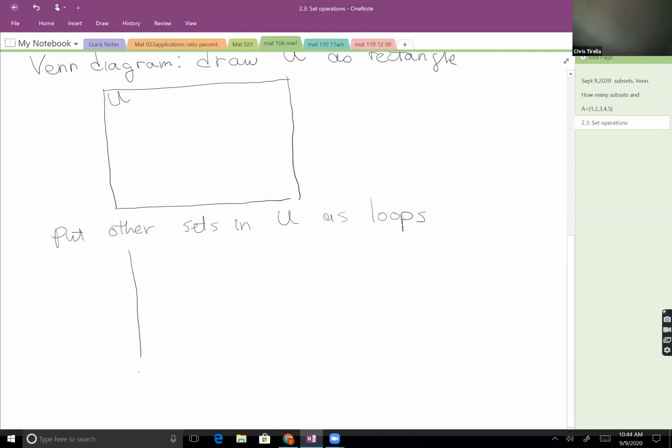And so if I look at the example that we have with our universal set being all students at entry, well, if you're a student in this class, aren't you also a student at the college?